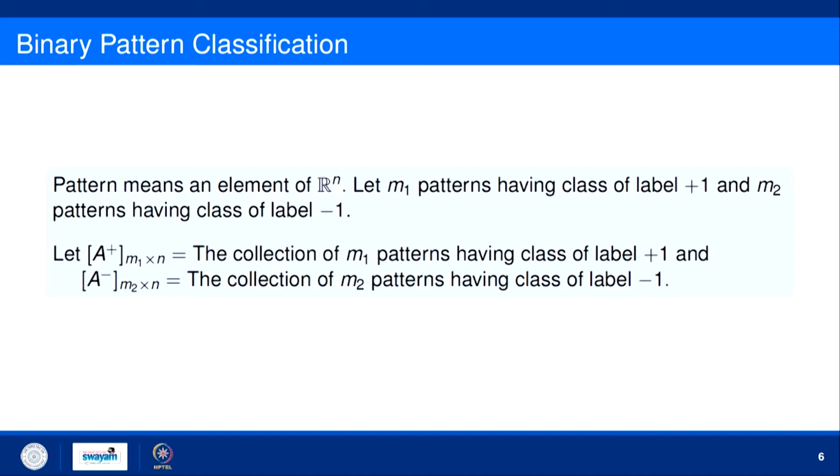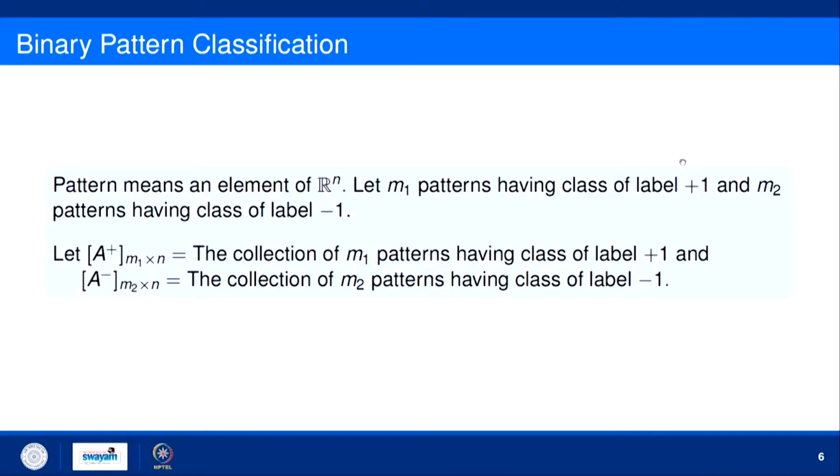One class I denote by +1 and the other class I denote by -1. Suppose the data points of the +1 class are M1 and the data points with -1 labeling are M2. So in total there will be M1 plus M2 points.